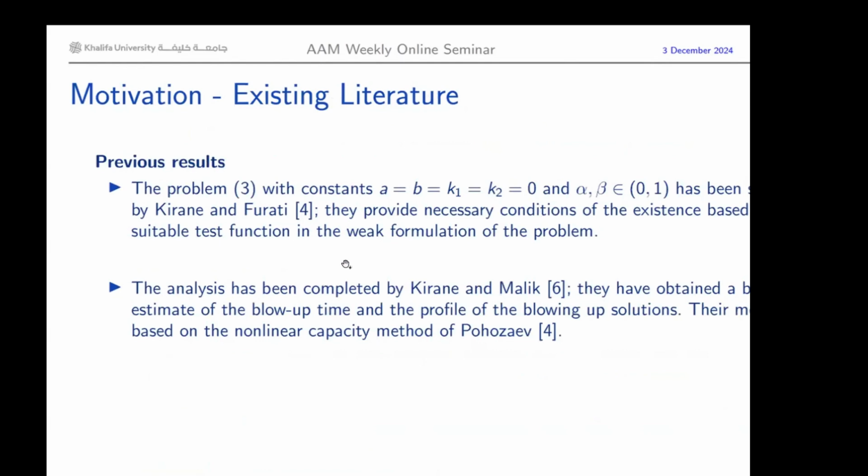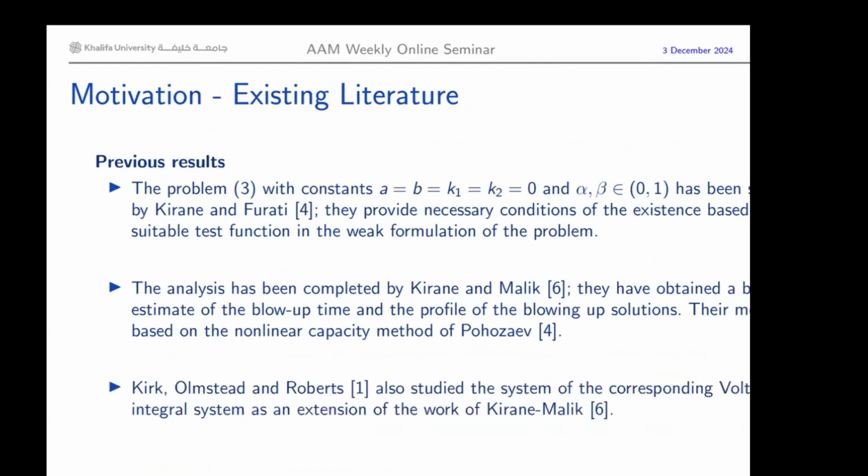And later on, Professor Mukhtar and his PhD student, Dr. Salman Amin Malik, completed the analysis and obtained the bilateral estimates of the blowing up time and the profile of the blowing up solution using the nonlinear capacity methods of Pokhozaev. Later on, Professor Kirk, Olmsted, and Roberts took the model of Professor Mukhtar and his students, studied that system, provided an alternative way, and compared the results to the results of Professor Mukhtar and his students.